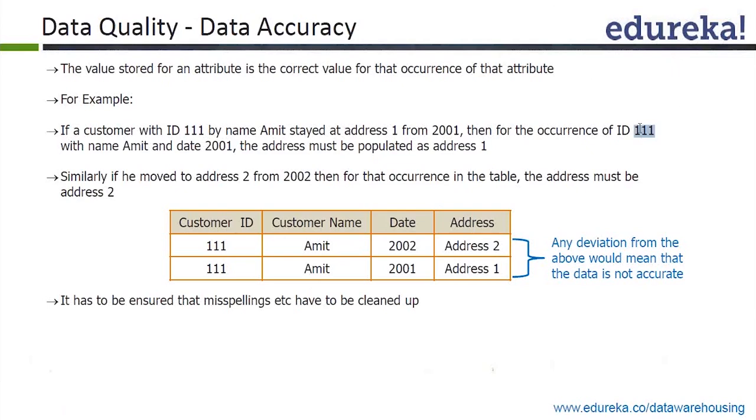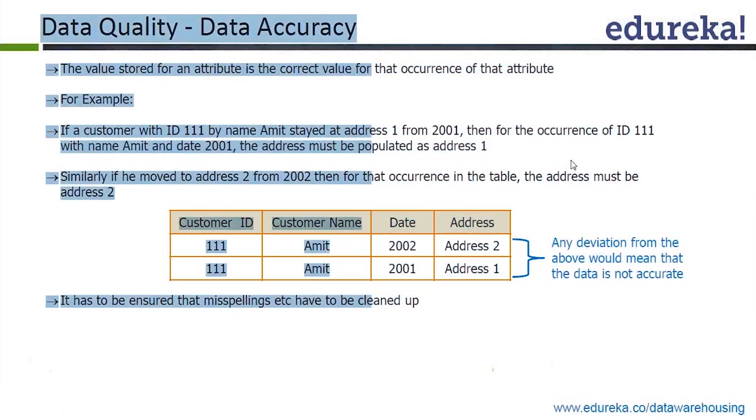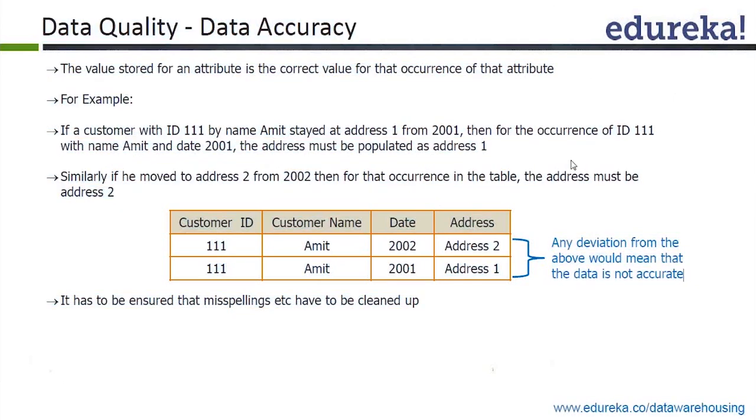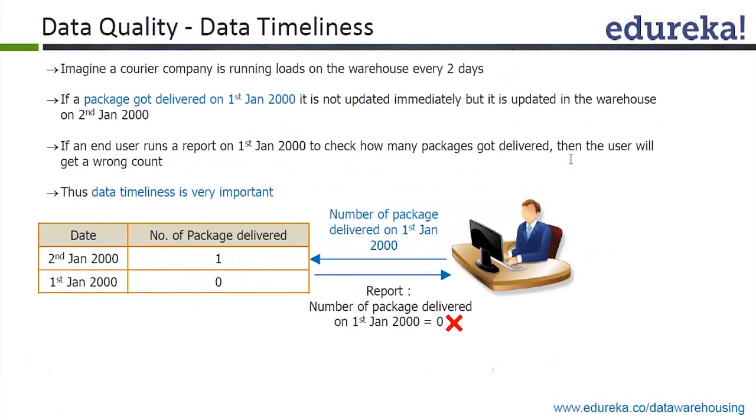You have to design your ETL process in a way that you maintain the accuracy of the data throughout. So that is one perspective: you can measure the data quality on data accuracy. The second perspective is timeliness.